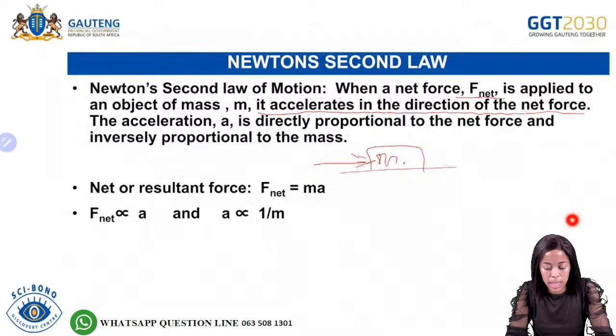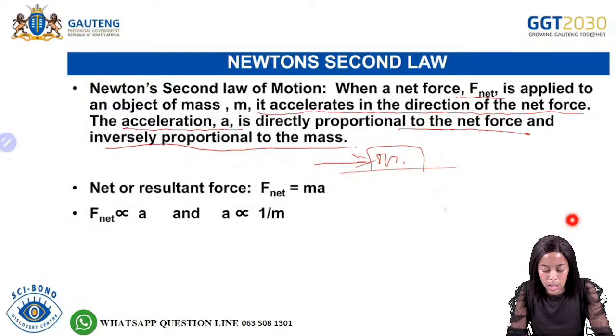And then it says the acceleration a is directly proportional to what? To the net force. So this acceleration a is directly proportional to the net force and inversely proportional to the mass. This definition is according to your examination guidelines. So when you define, you are not just going to define until the words, the direction of the net force.